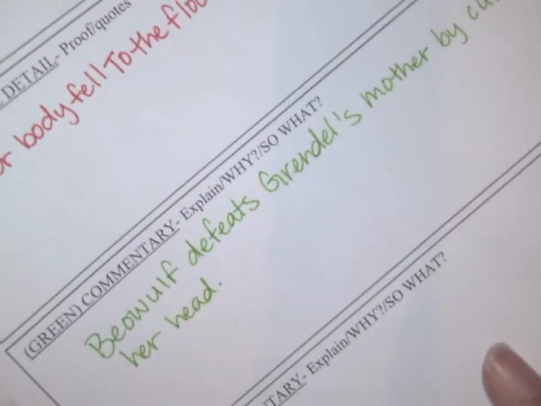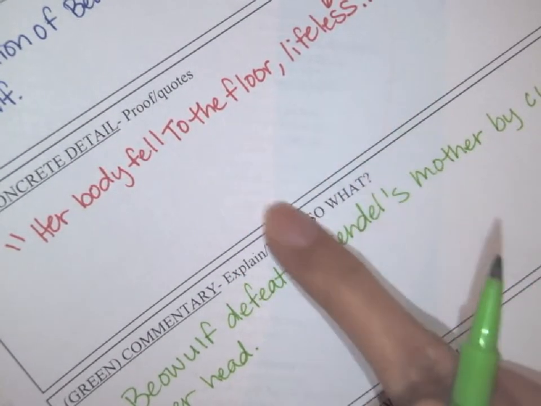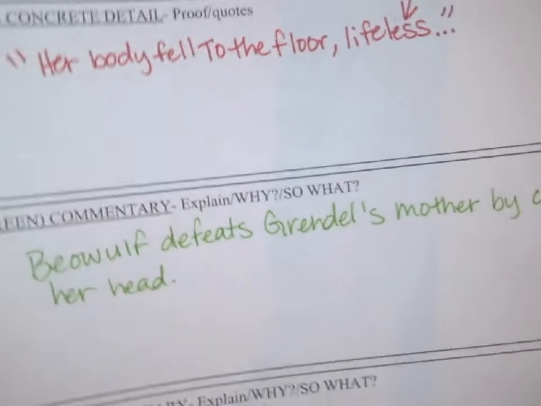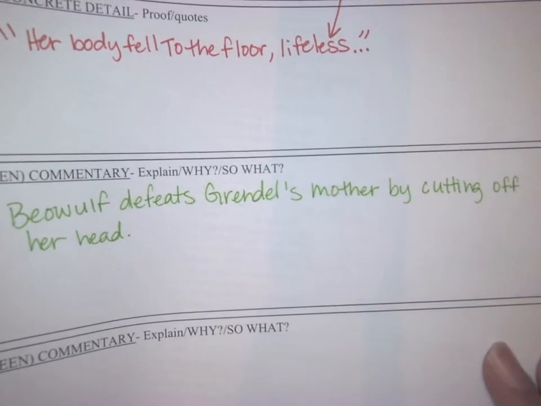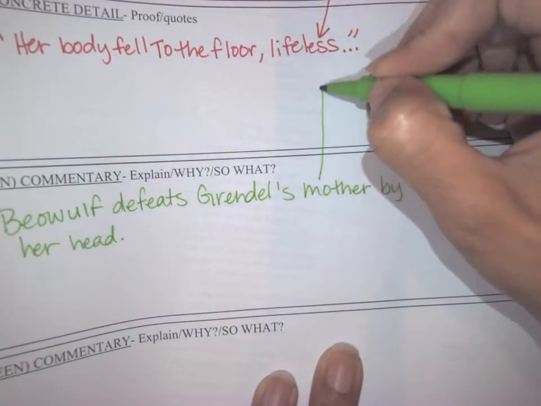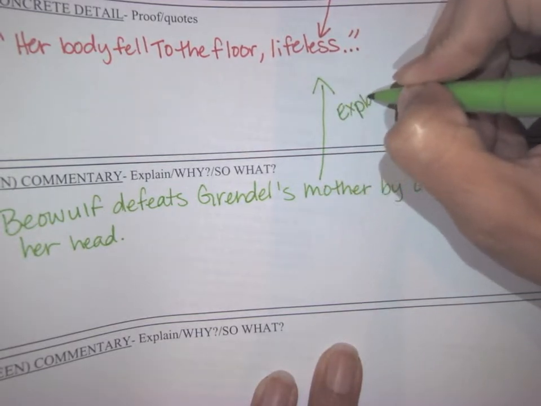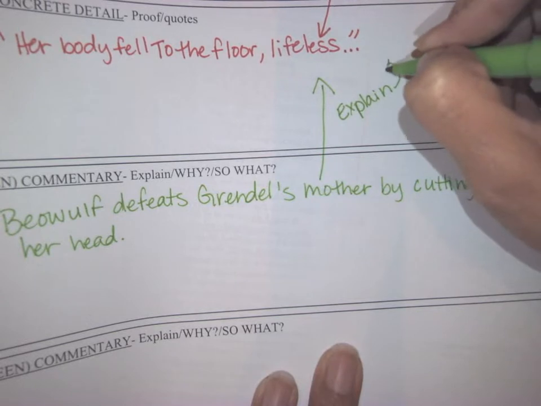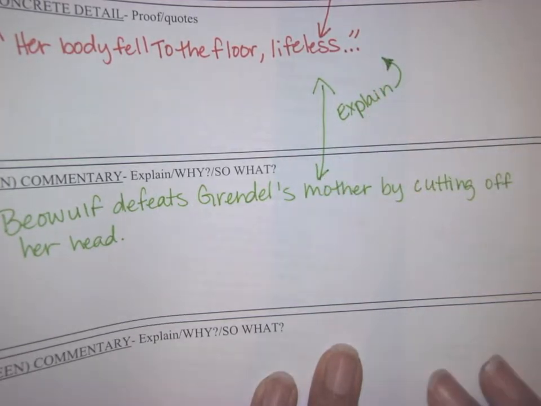So I just explained why she fell to the floor lifeless. How did that happen? What did Beowulf do? Here, I'll put it this way so you can see it. Let me zoom out. Beowulf defeats Grendel's mother by cutting off her head. Okay, so I'm explaining your quote. What is this showing? Okay, so this goes together.